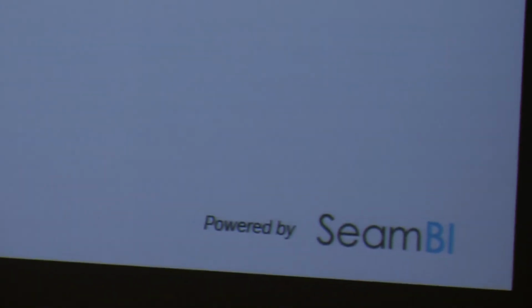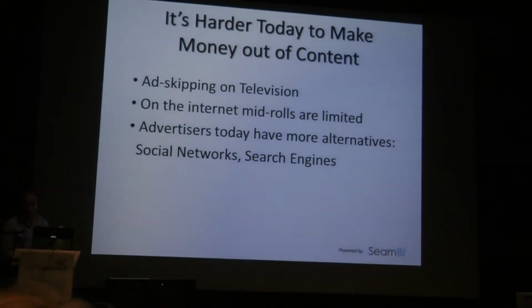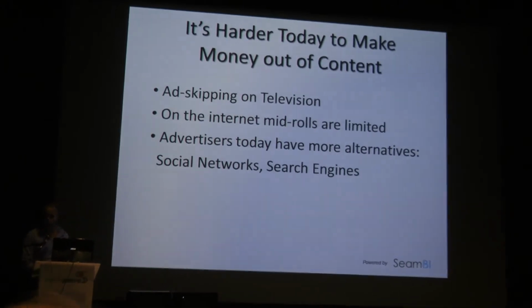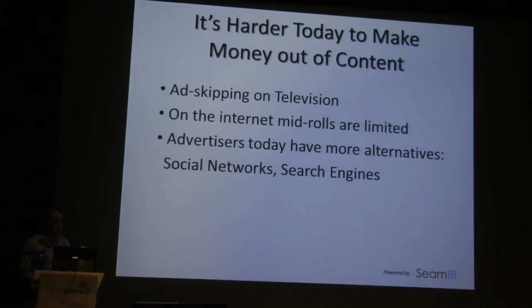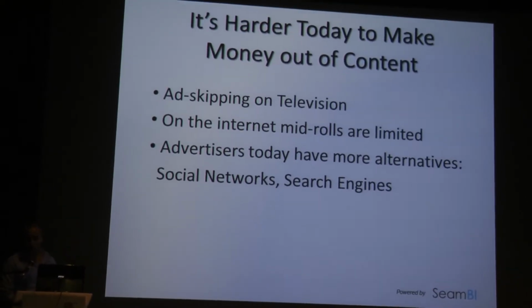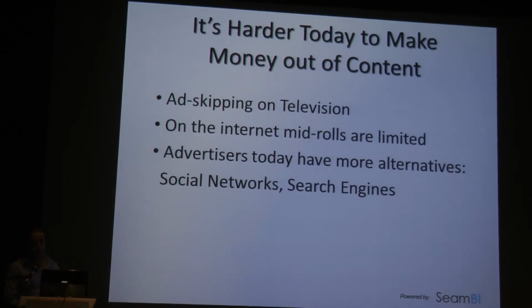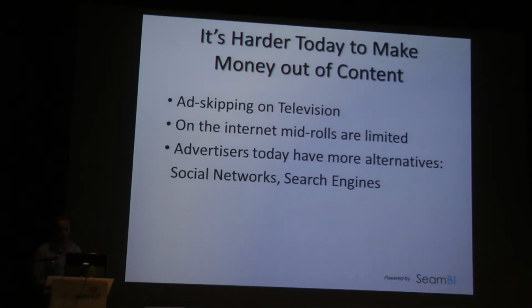For example, the total advertising budget in social networks today is $3 billion. Half of it, by the way, goes to Facebook. In 7 years from now, this budget is expected to grow to $40 billion.